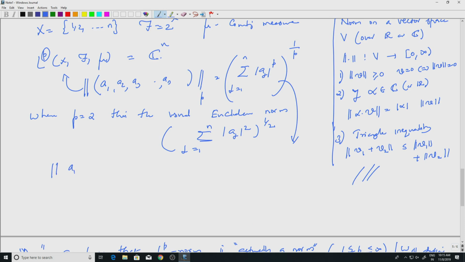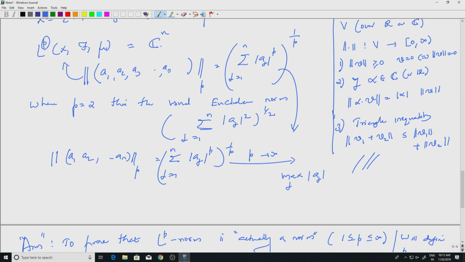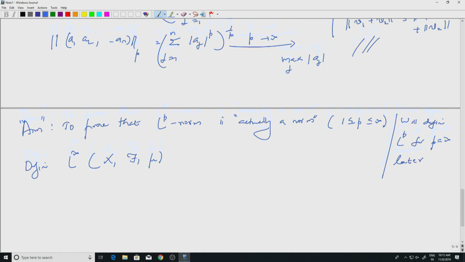If I look at a_1, a_2, up to a_n, then this is the summation over j equal to 1 to n of mod a_j to the p, to the 1 by p. So, what will happen to this as p goes to infinity? If you compute the limit as p goes to infinity, you will see that this goes to the maximum over j of mod a_j. That is the supremum of the values mod a_j. That is what we want to define L infinity as.